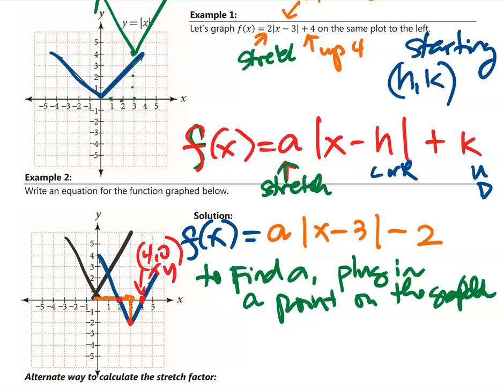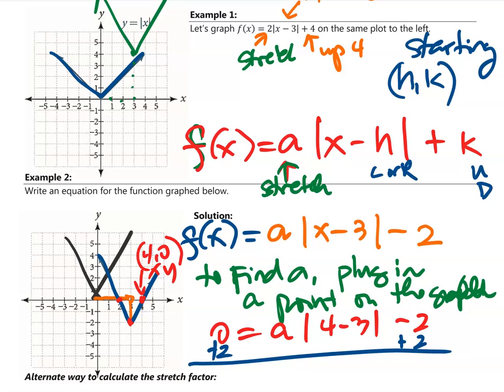This is your x and this is your y. So we plug that in here: y, which is 0, is equal to a times the absolute value of x, which is 4, minus 3, minus 2. And then we add 2 to both sides.